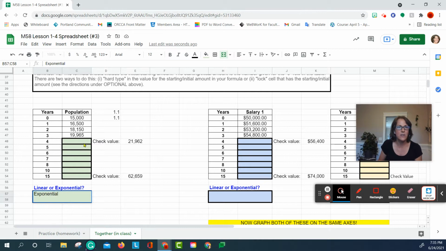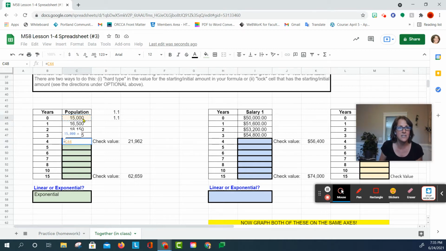Now I need to create a formula in cell C48 to figure out what that formula is and drag and fill it all the way down. Because it's a formula, I must start with the equal. So I'll start with equal. Now I remember from my 1-4 work that I need to start out with the principal amount. On year 0, that principal amount was $15,000. Now the principal amount is going to stay the same.